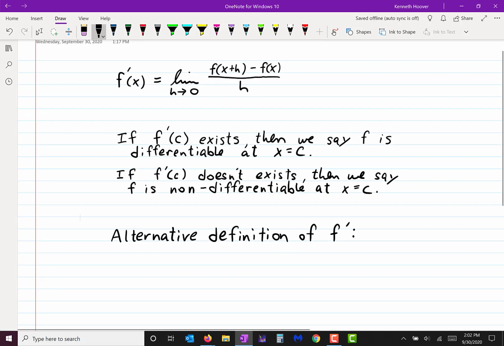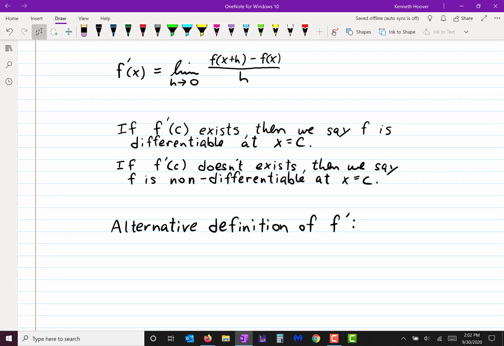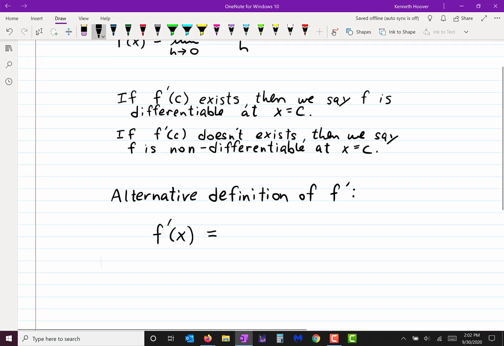I'm going to work it out here and show you how to get this alternative definition, and then I'll write it up at the top. So I'm going to write f prime of x equals, and leave that blank while I show you how to get there.